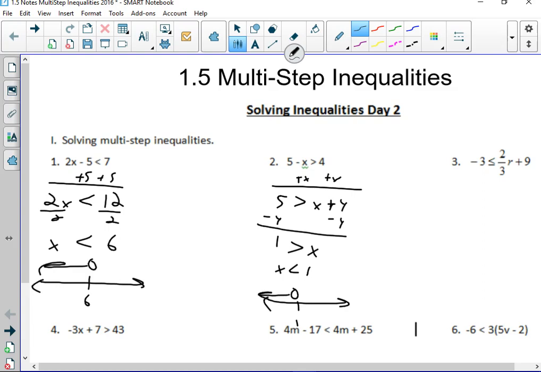Now, real quickly, let's just pretend I didn't do that. Let's pretend I moved the 5 over by subtraction. I would get negative x is greater than -1. Everybody agree with that? Okay. Then I would have to divide by -1, which would give me x is less than +1. Now, you can say, well, why would I do that?